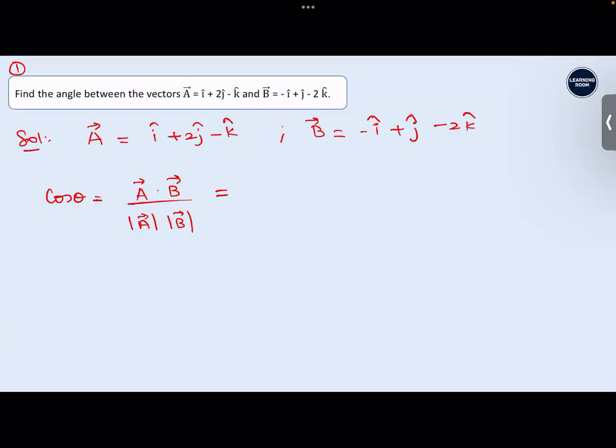A vector dot B vector. I told you, multiply the corresponding coefficients. So what will be the answer? Minus 1. Minus 1 plus 3... coefficient of j cap. What is the coefficient of j cap? 2.